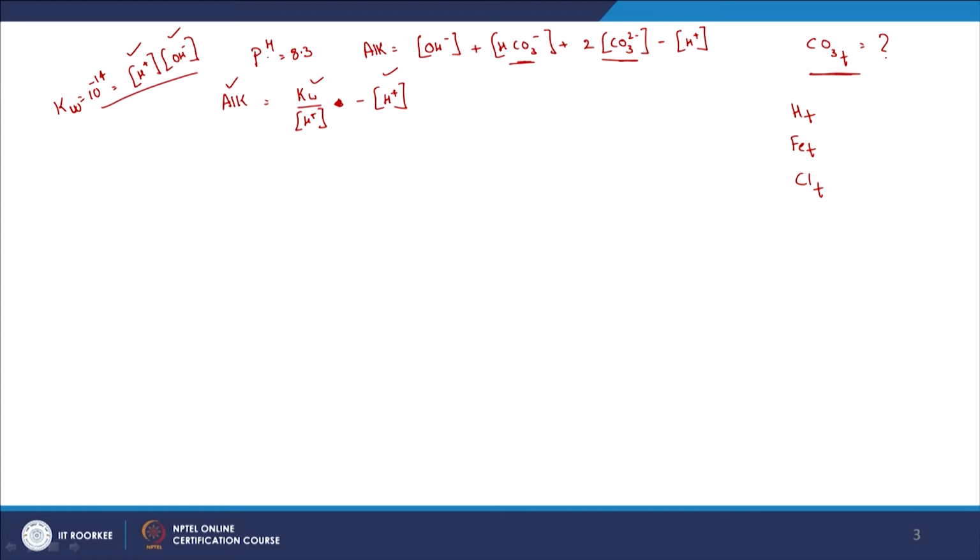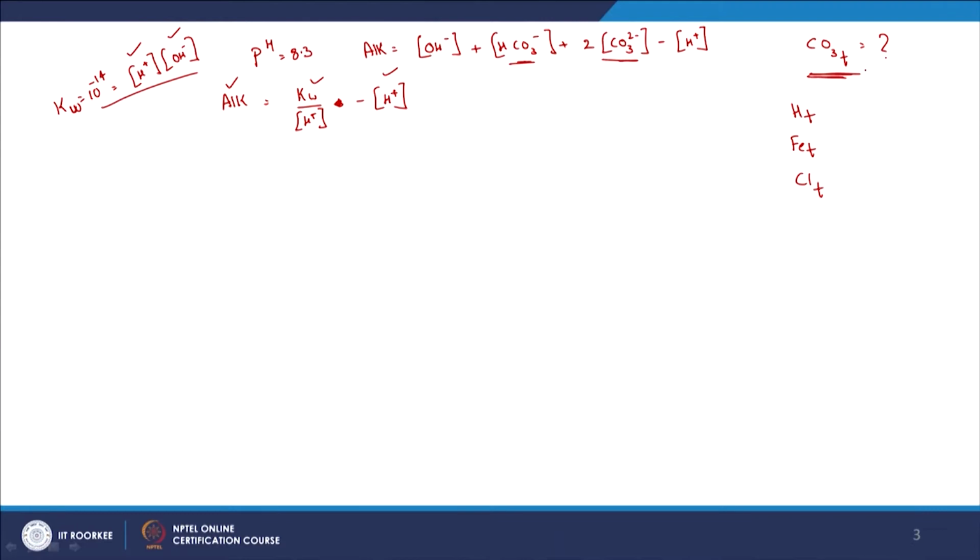Again we need to dig into our knowledge base with respect to our acid base chemical processes. How can you express these species, HCO3 minus and CO3 2 minus, in terms of the variable that you want to calculate? And what's the variable you want to calculate? Obviously it's CO3 total. If you dig in, you would remember that we had ionization fractions.